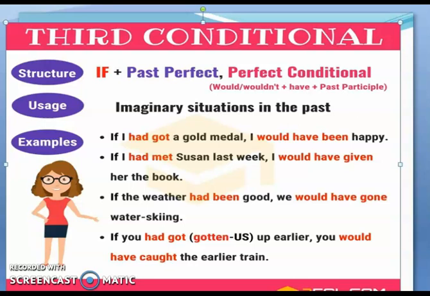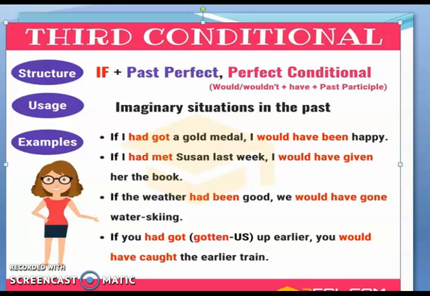Even in the third conditional, you can identify the difference very easily with the help of only the tenses. With all three conditionals, only the tenses are going to show you the main difference. Look at the example given here. If I had got a gold medal, I would have been happy.